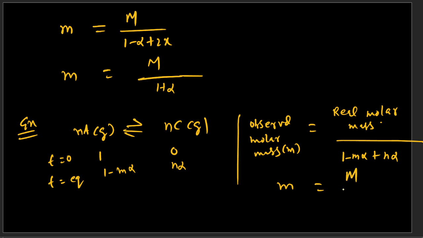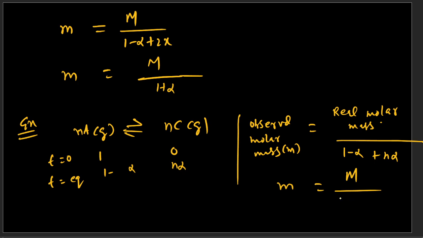Let's say 1 minus alpha, otherwise calculations will become tricky. So for understanding simple examples, 1 minus alpha and n alpha.